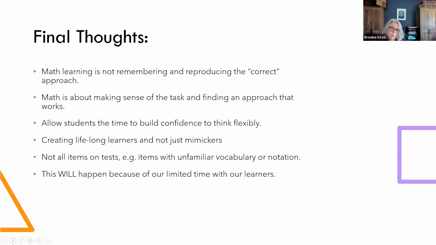We want to encourage that math is not something that you just do. It's something that you think about. It's a process of thinking, and we really want to get away from the idea of it being process oriented, because there really are multiple ways to approach problems.